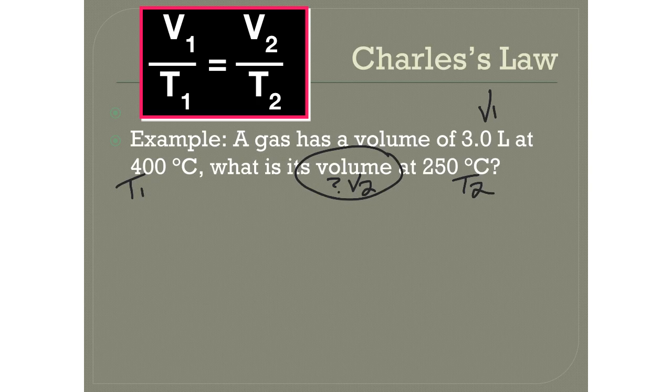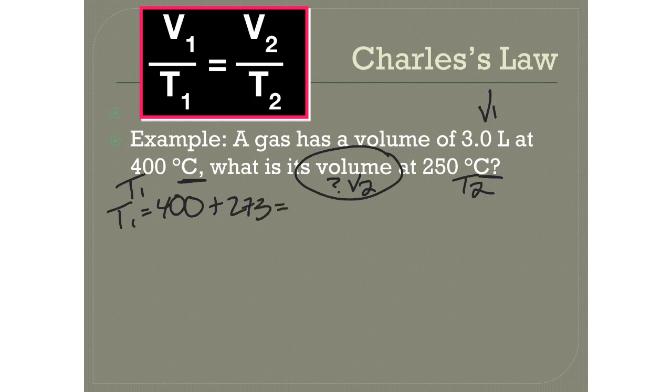Now, before I can do this, I have to convert my Celsius degrees to Kelvin or they will not work. And you guys learned before that to get to Kelvin, what you do is you add 273. So for T1 it's going to be equal to 400 plus 273.